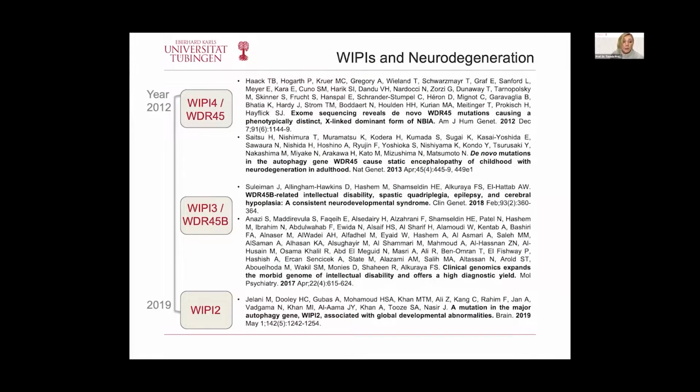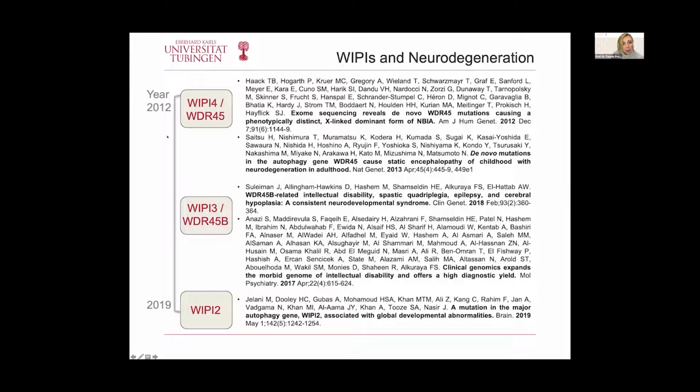Now, as we've heard before, mutations in WIPI4, or WDR45, were identified as being causative for BPAN, and you're all aware of this, due to the fantastic work published in 2012 by Susan Hayflick.